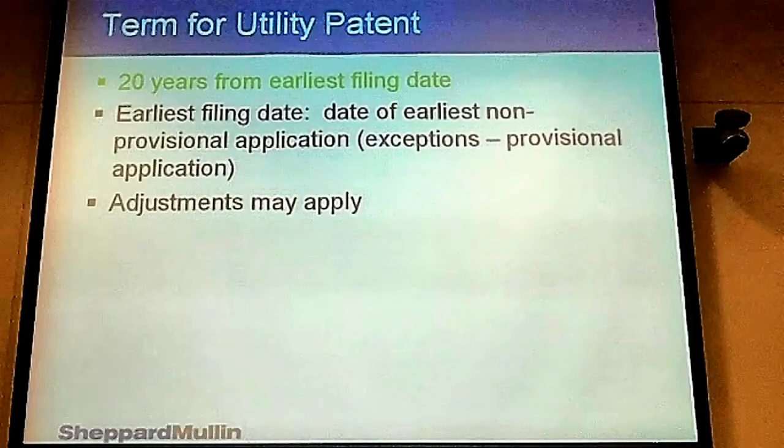So how long are these patents? It's 20 years from the earliest filing date. And this earliest filing date is the date of the earliest non-provisional application. Now, if you do file a provisional application, you can get up to 21 years. If you remember, I said a provisional application gives you 1 year to file an actual application.